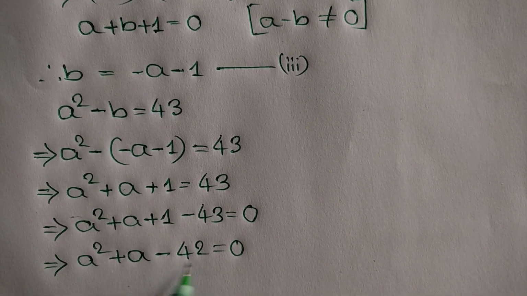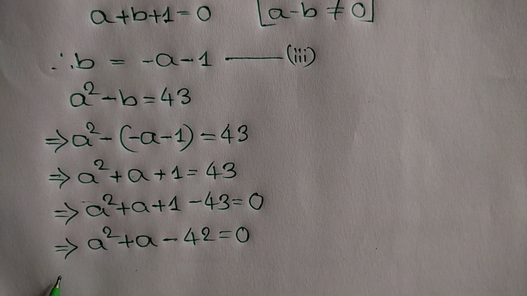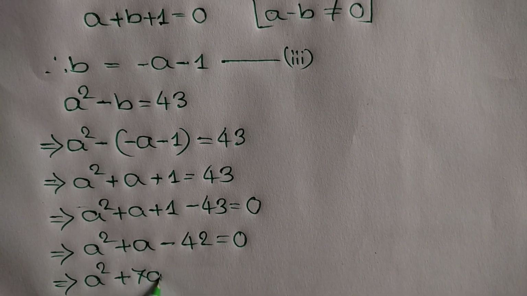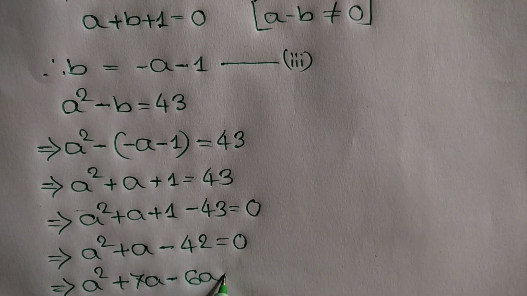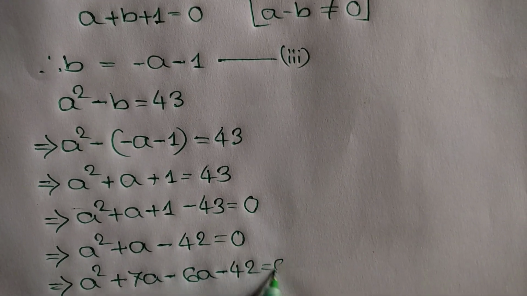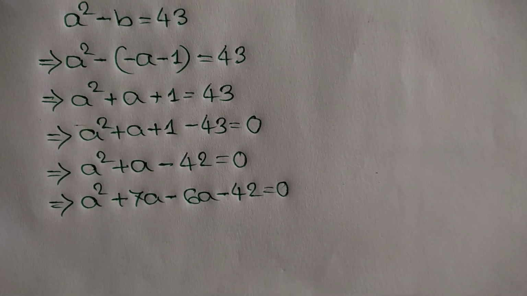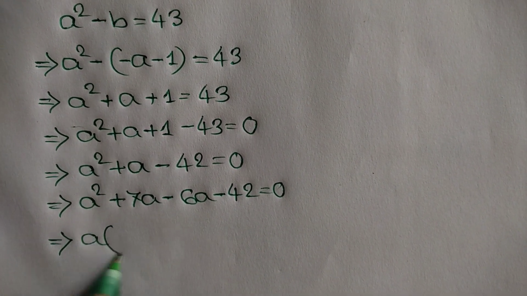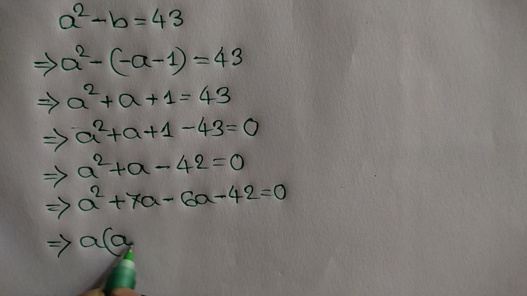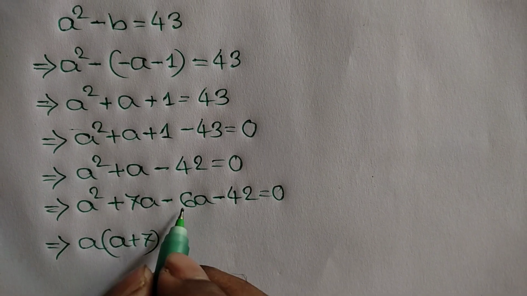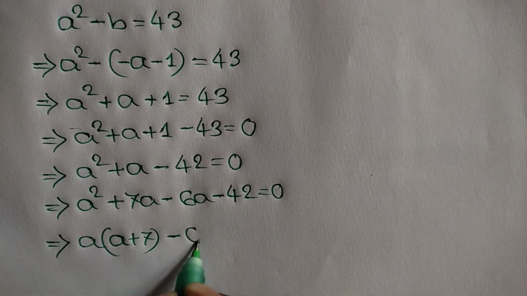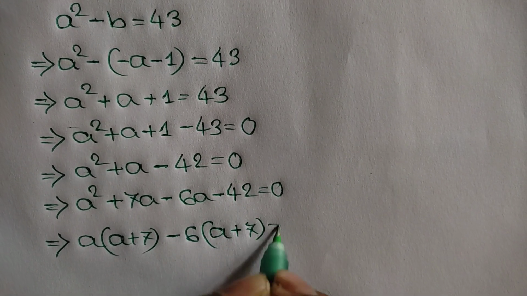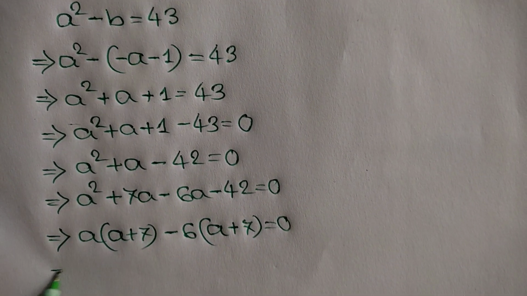Now we can apply the middle term breaking rule. So we can write here a square plus 7a minus 6a minus 42 is equal to 0. Taking common a from the first two terms, we get a times a plus 7, and taking common negative 6 from the last two terms, we get negative 6 times a plus 7 is equal to 0.